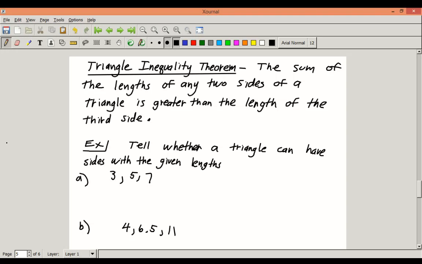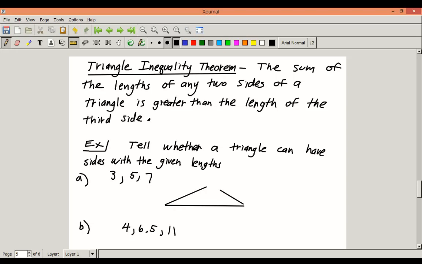So if you have a triangle with some sides given, whatever they are, I'll look at example A here. I'm not going to quite make that a triangle yet. But in any triangle that you think about, if you take any two sides and add them together, that must be greater than the third side.